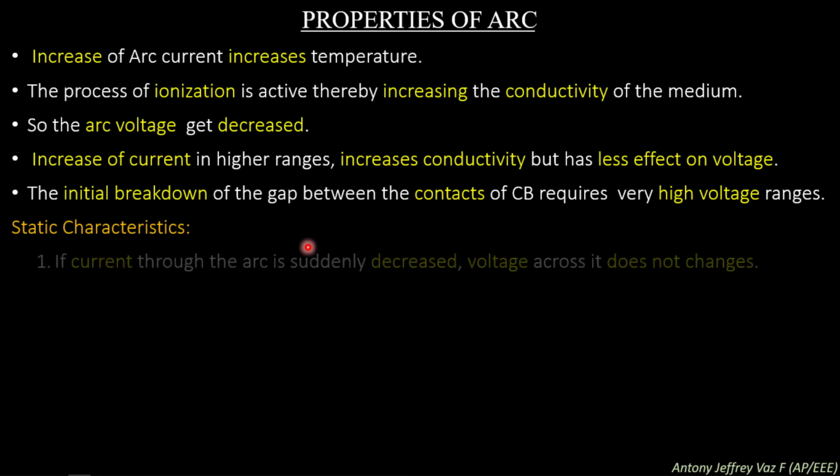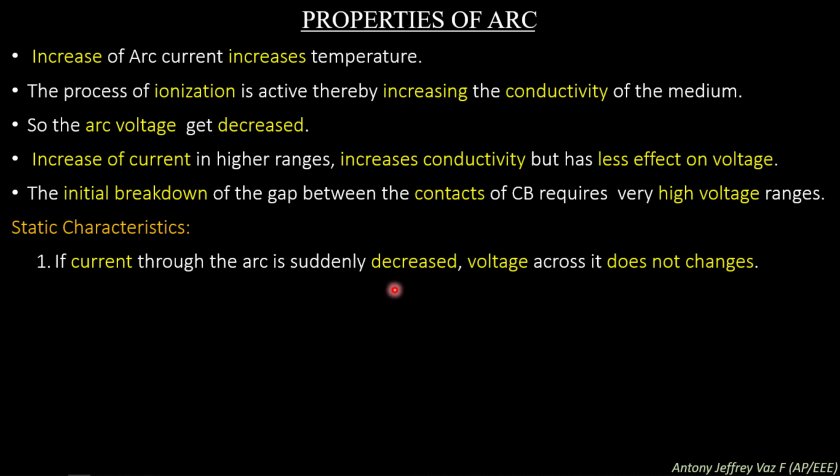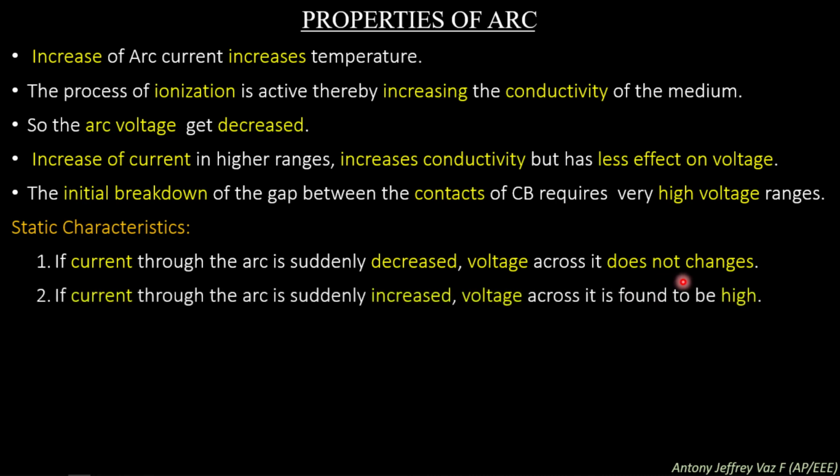Static characteristics: if current through the arc is suddenly decreased, voltage across it does not change. If current through the arc is suddenly increased, voltage across it is found to be high. These are the two characteristics of static properties.